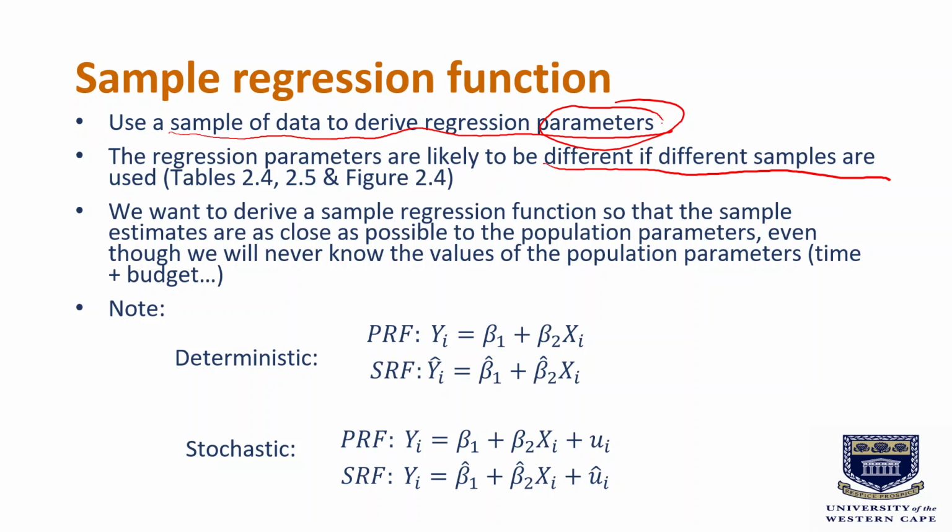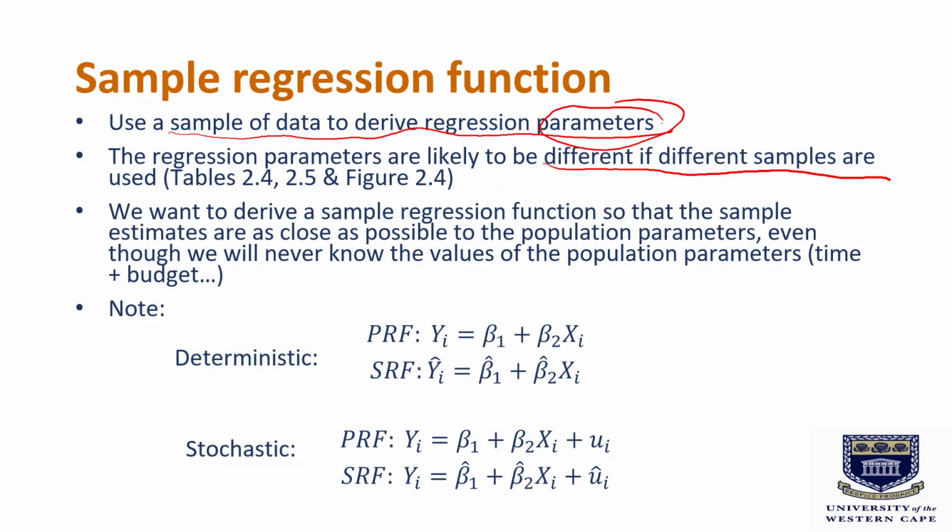Now, ideally, we would draw a sample and estimate regression parameters in such a way that they are as close as possible to the actual parameter values from the population. But of course, it's hard to know how close we are given that we never observe the true values of the population parameters. But in Chapter 3, we'll introduce a technique that at least allows us to try and minimize errors when we estimate a regression model.